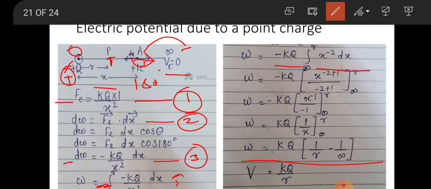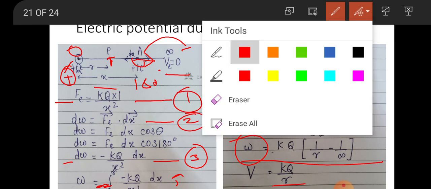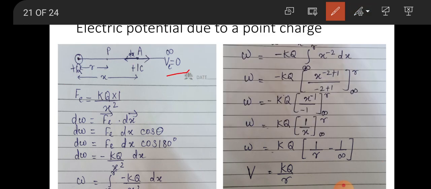So what we are getting finally is kq upon r, and the work done which we require to move that charge from infinity to point P is nothing but the electric potential at point P. Therefore, we equate W is equal to V, that is, work done is equal to electric potential.